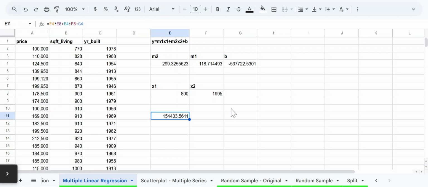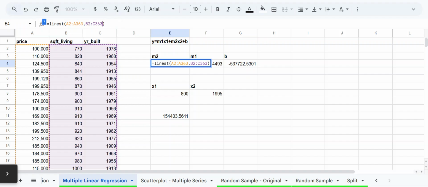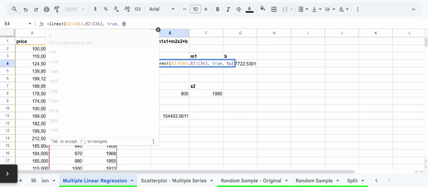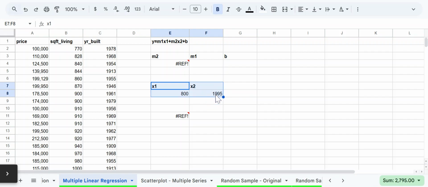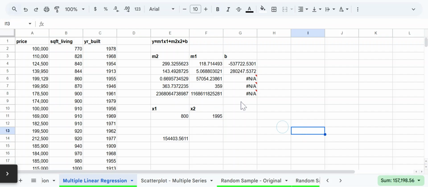If you want to get the r-squared value, like we did for regular linear regression, you're going to go back in here to your LINEST formula and add comma true, comma true. Now, it does not like how close my x values are in here, so I'm going to move this data down a little bit so that that can expand.